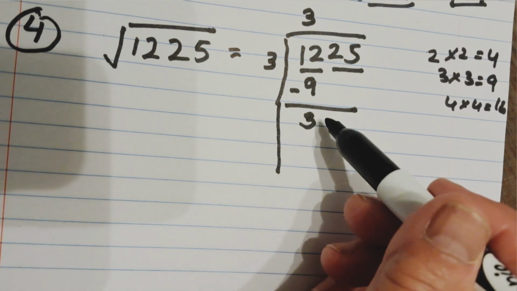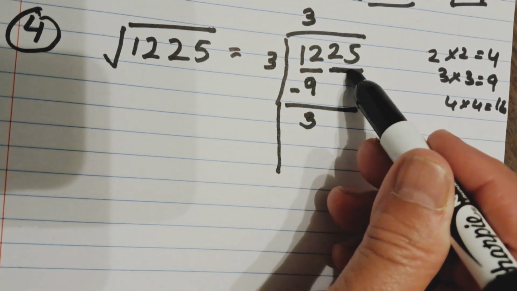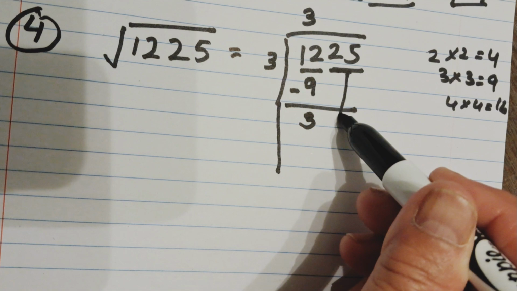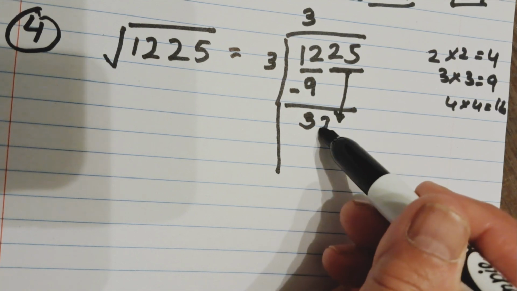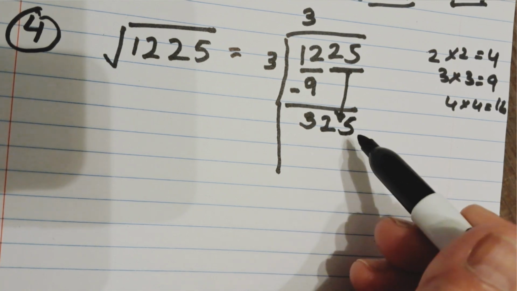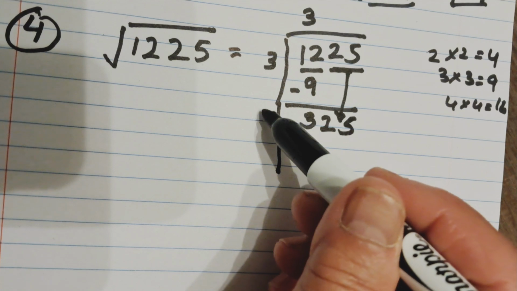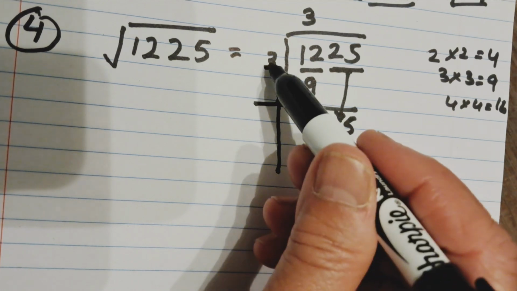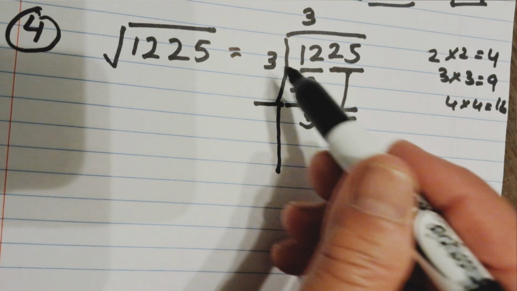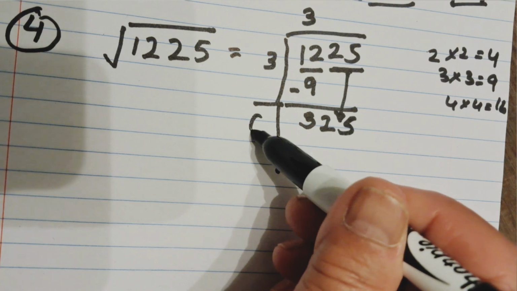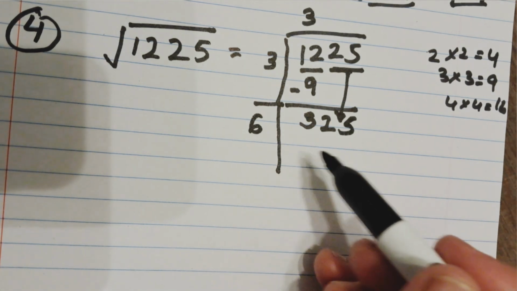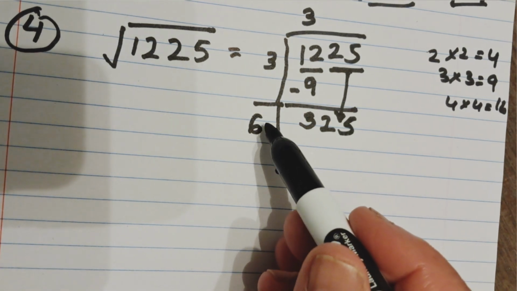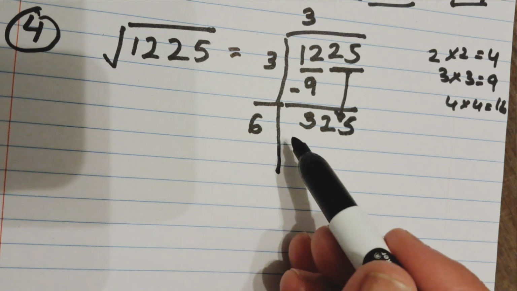So in the next stage, the second pair comes down here, 325. Now the number is 3, double of 3 is 6, and then we need one more number to multiply it with the same number.